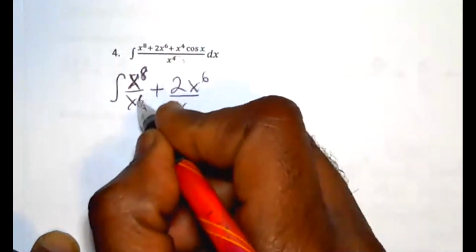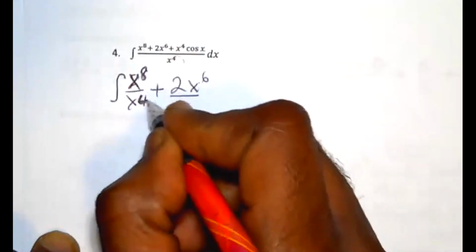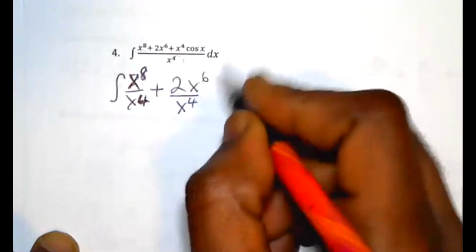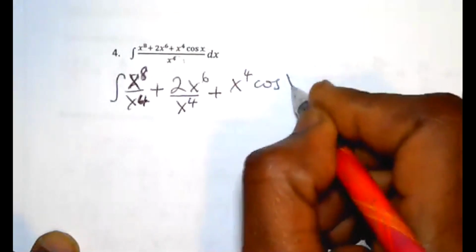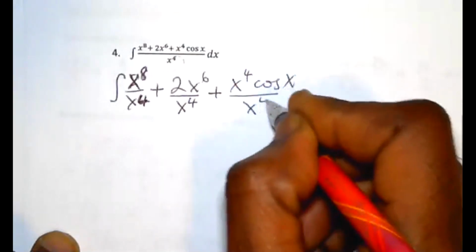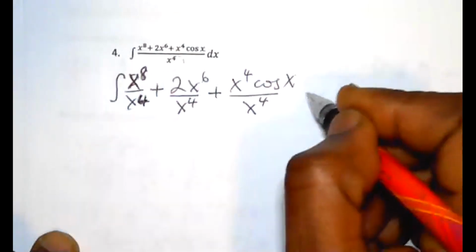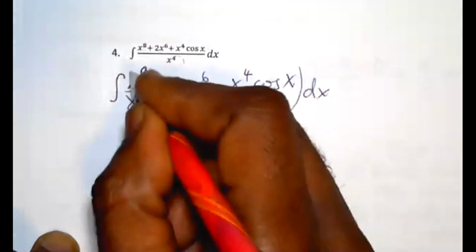It's 4. So this is 4, plus x to the power 4 cos x divided by x to the power 4. All this dx.